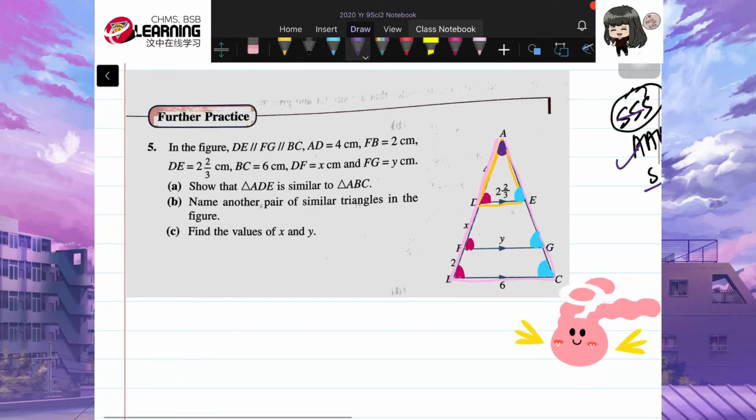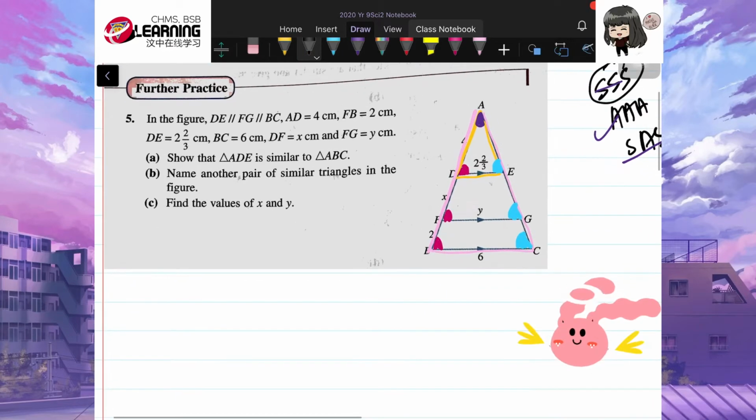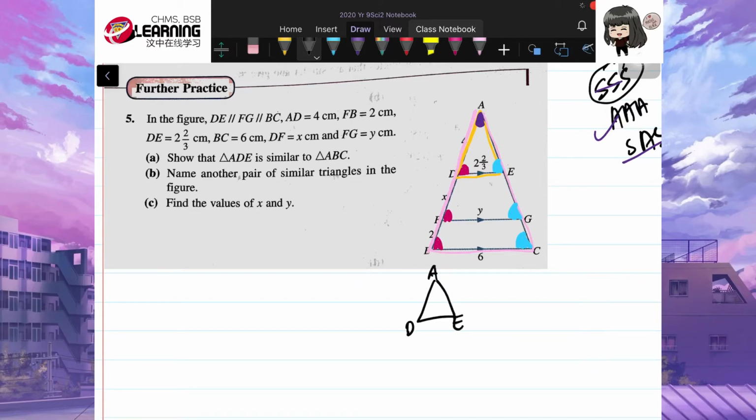Okay, so to show that they are similar, to not confuse you, you can draw these two triangles separately if you want to. Let's say I draw this separately, ADE with ABC. So AB is 4 plus 2 plus x, so it's 6 plus x basically, and this one is 6.